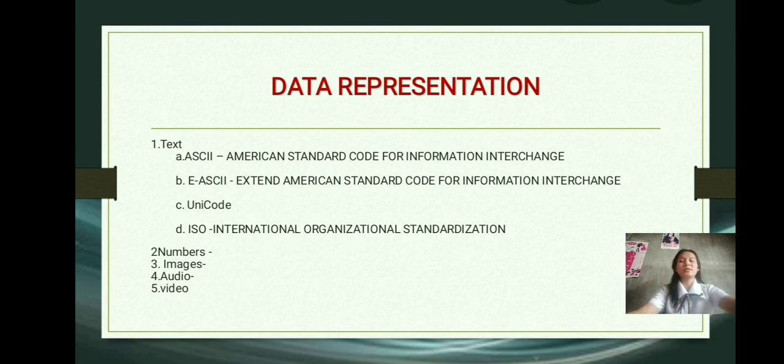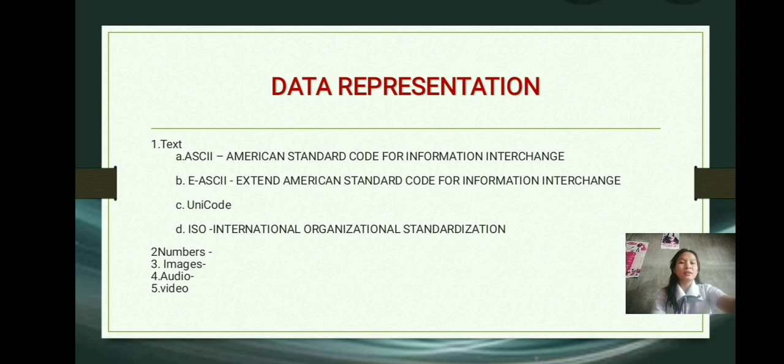One is the text. Under the text, we have the American Standard Code for Information Interchange, which is the character encoding standard for electronic communication. The second one is the Extended American Standard Code for Information Interchange. Its character encodings are 8-bit or larger. Ito yung pagkakaiba.